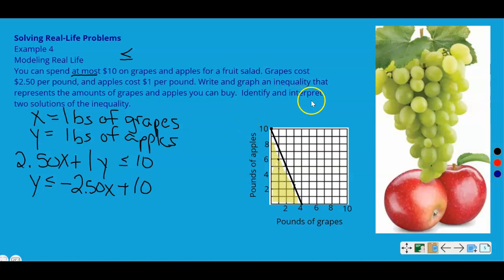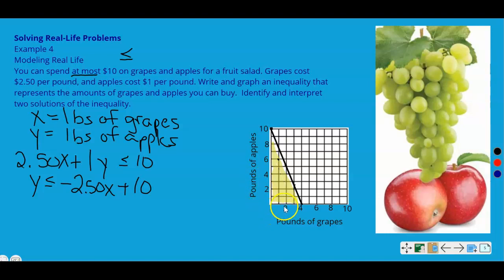It says identify and interpret two solutions of the inequality. So 1, 6 would represent having 1 pound of grapes and 6 pounds of apples for less than or equal to $10. So that would be one solution for your fruit salad. You could get 1 pound of grapes and 6 pounds of apples.